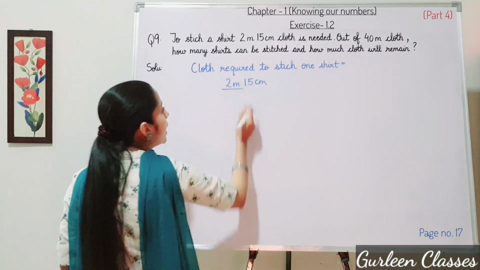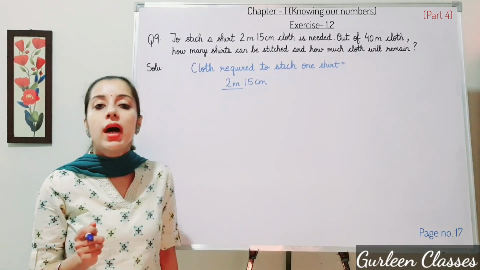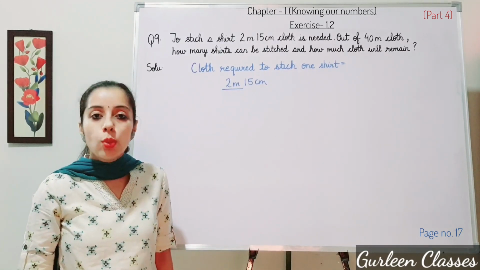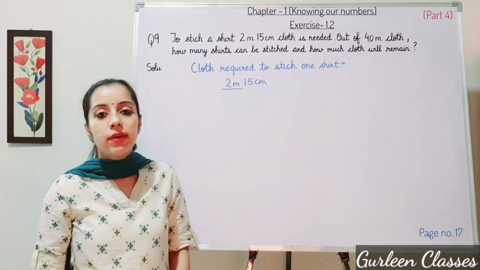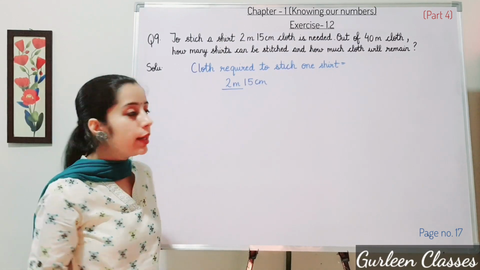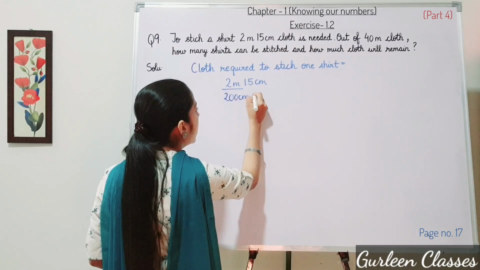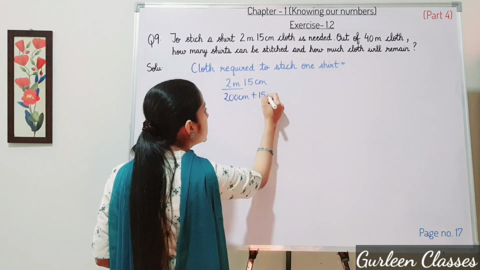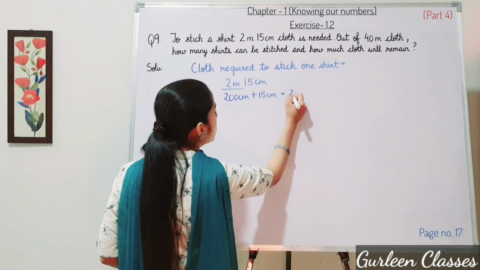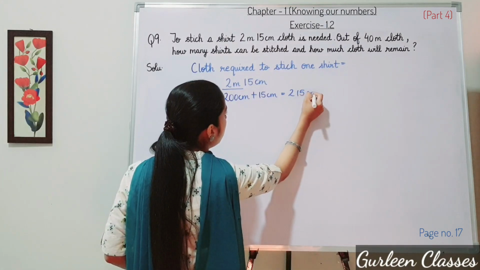We know that 1 meter is equal to 100 centimeter. 2 meter will be 2 into 100, that is 200 centimeter. So 200 centimeter plus 15 centimeter, that is 215 centimeter.